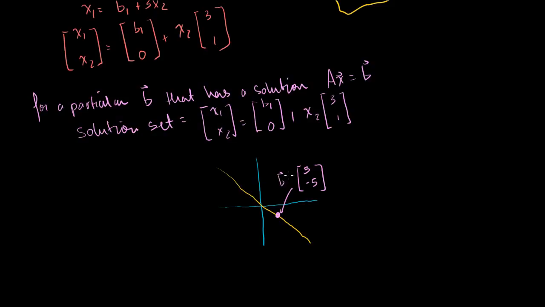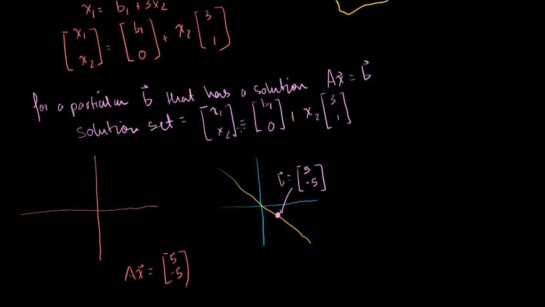That is our b. So what we just showed is that the solution set, if we want to say, hey, what in our domain maps to this guy? So let's think about what in our domain maps to this point right here, to this particular b. So that's going to be all of the x's that satisfy Ax is equal to 5, minus 5.